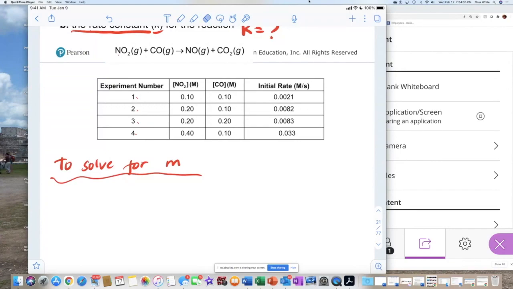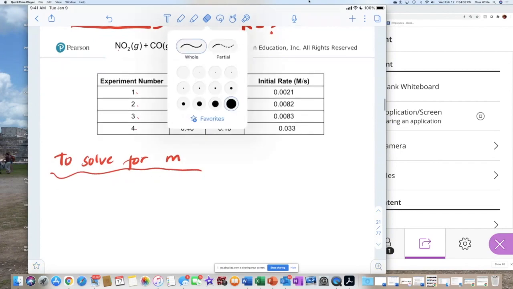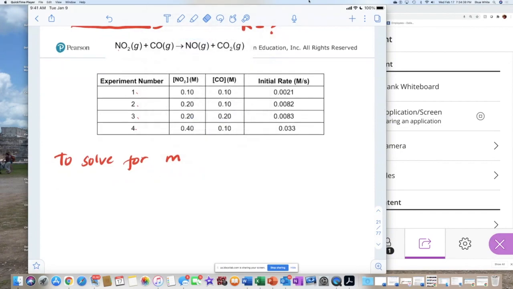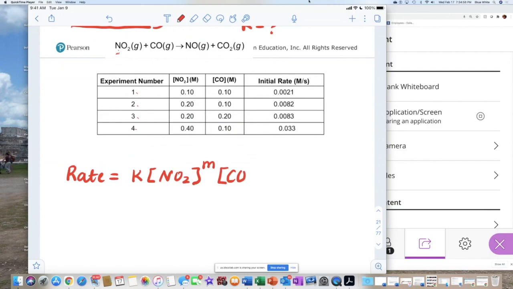My presumptive rate law will look like this: rate equals K, my first reactant NO2 raised to the power M, and the other one, CO, raised to the power N. I'm going to solve for M and for N, and when I solve for those, that completes my rate law, right?